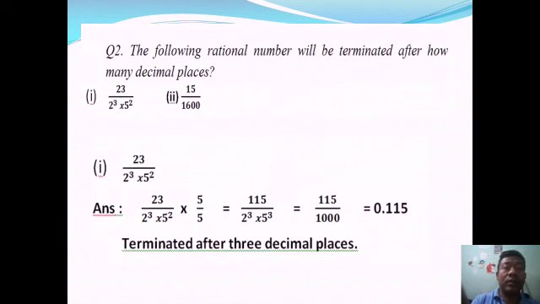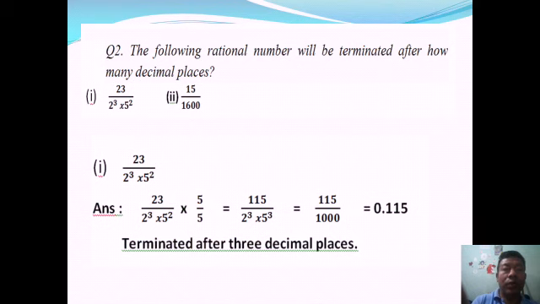Now let's take the second question. The following rational numbers will terminate after how many decimal places? Here, without actually doing division, we are going to determine after how many decimal places the given rational numbers terminate. So let's take the first question, 23 by 2 to the power 3 into 5 to the power 2.